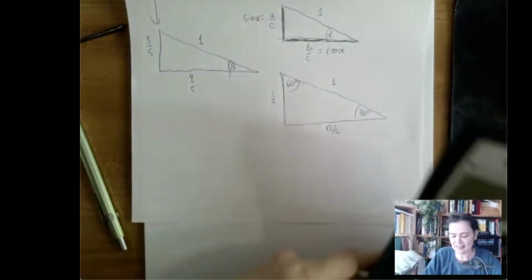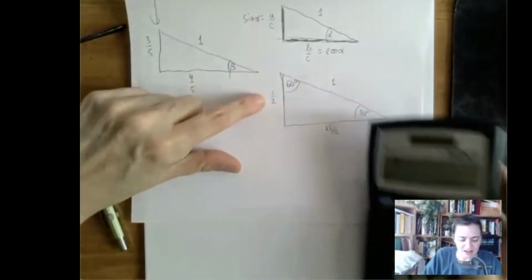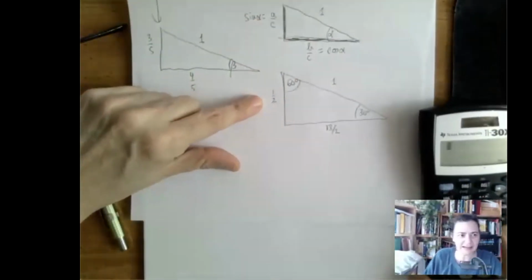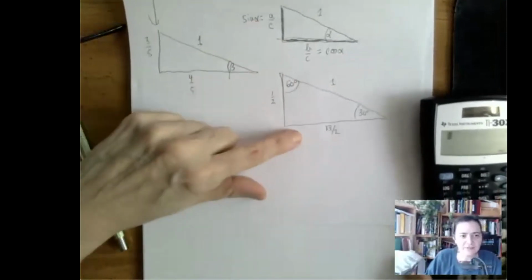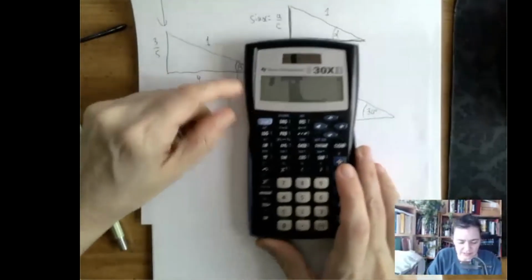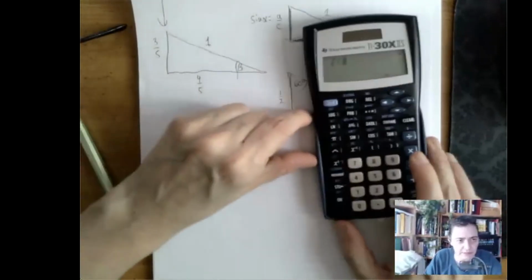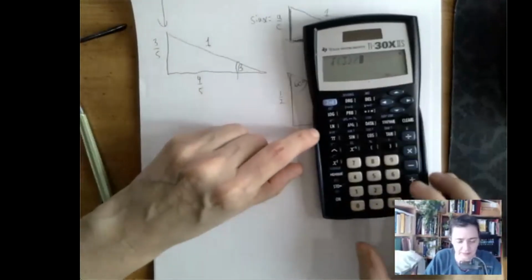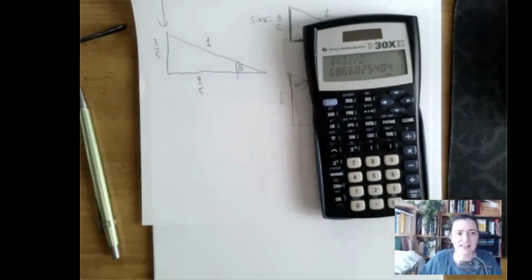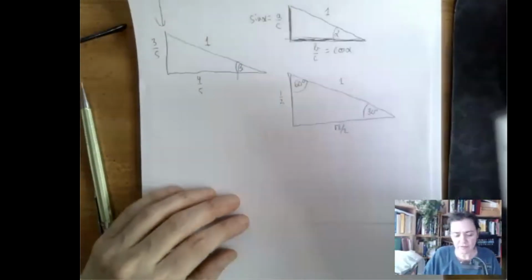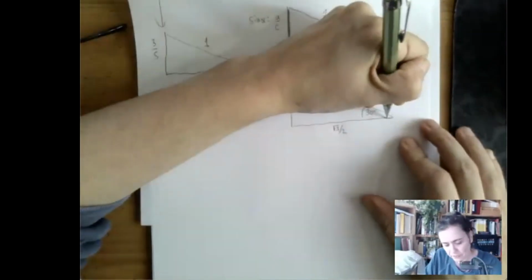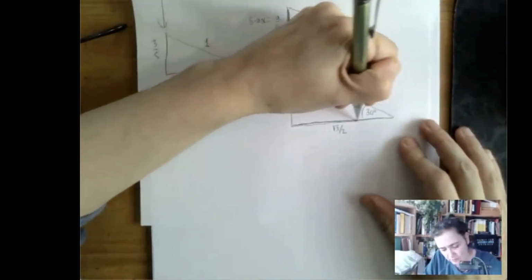Now, as a teacher, half as a decimal is 0.5. But square root of 3 over 2, if I punch this in, square root of 3 divided by 2, as an exam, that's almost an A, 0.866. Yeah. So what I'm telling you is that it's visible.